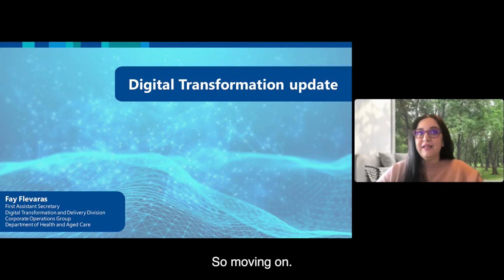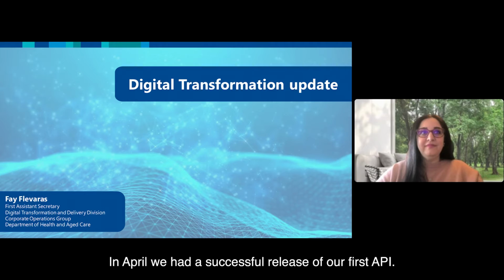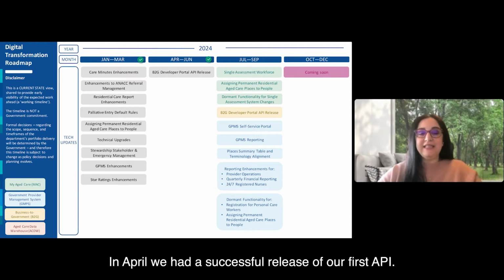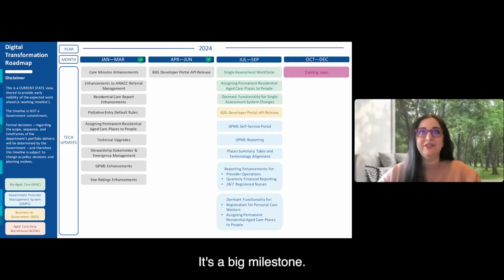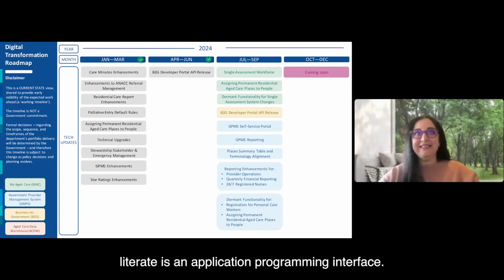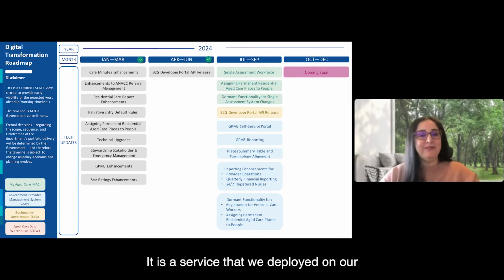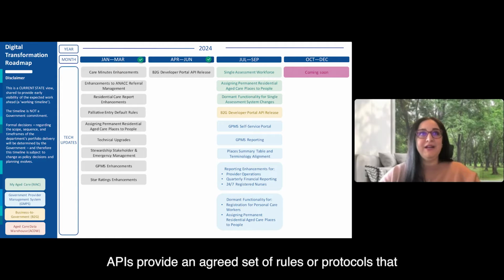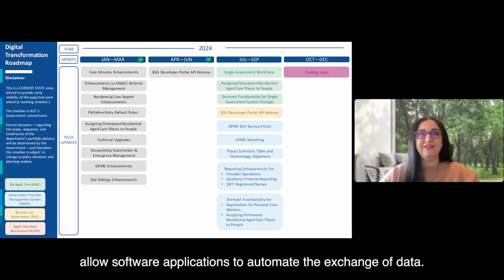So moving on, in April, we had a successful release of our first API. It's a big milestone. An API, for those who are not so much digitally literate, is an application programming interface. It is a service that we deployed on our business to government portal. APIs provide an agreed set of rules or protocols that allow software applications to automate the exchange of data.